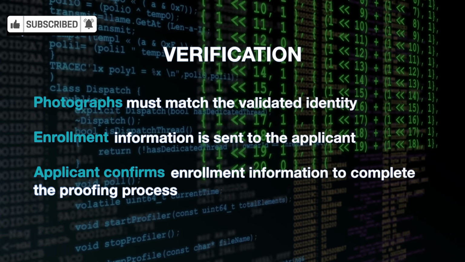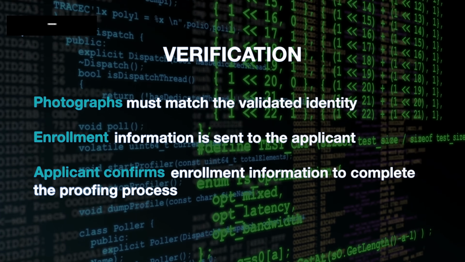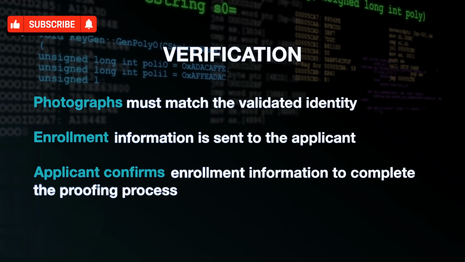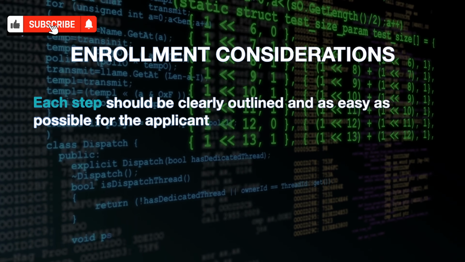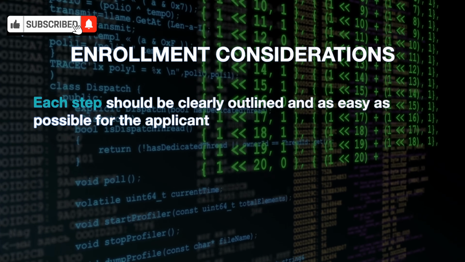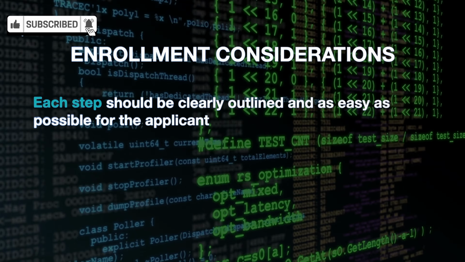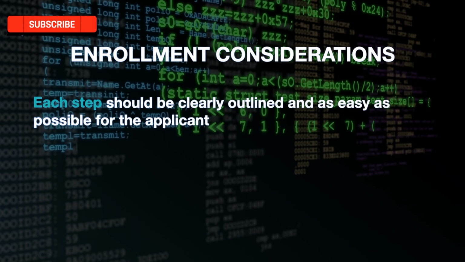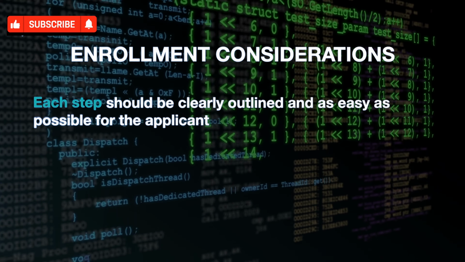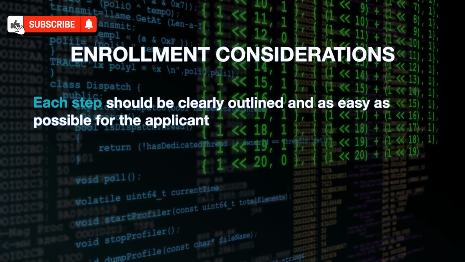If it is difficult or confusing, it's likely they won't get through the process. So we want to make each step clear, and we want to clearly define what data is collected and why it is needed. We also want to clearly define how the data is protected and who will access it as part of the process.